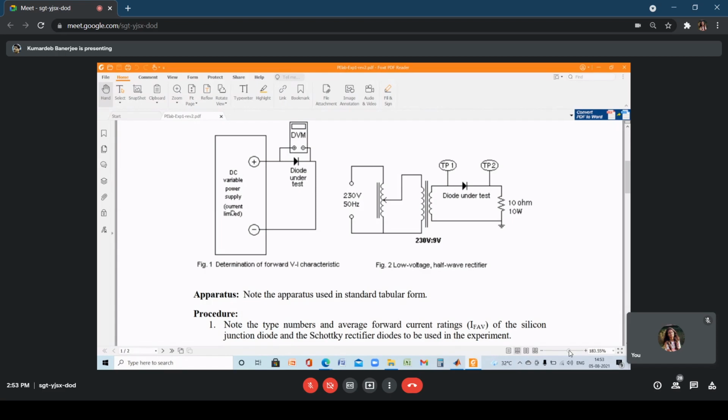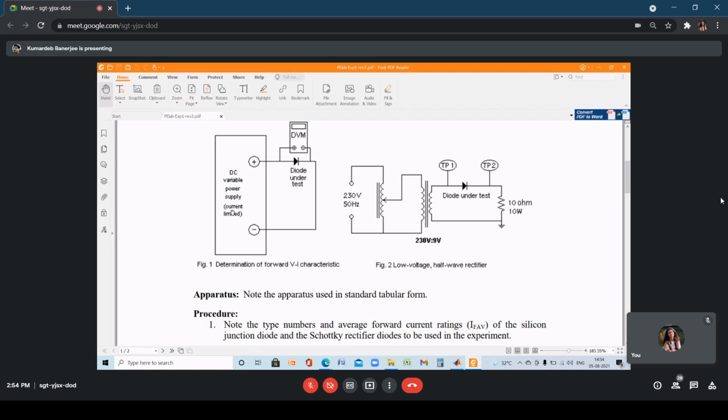So the voltage and current requirement need to be taken care of. In other words, the current limiter in the power supply should be properly tuned so that no current beyond the rated values given by the manufacturer flows through the devices.